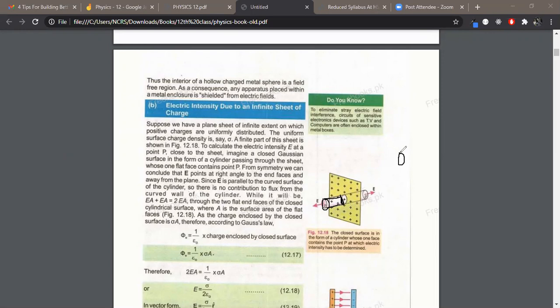This is the first side, the second side, the third, and the fourth, which is present inside our sheet. Suppose this is my sheet. Fine. So the side which is present inside the sheet will have zero electric field because it is in the sheet, and the electric field is always outwards.